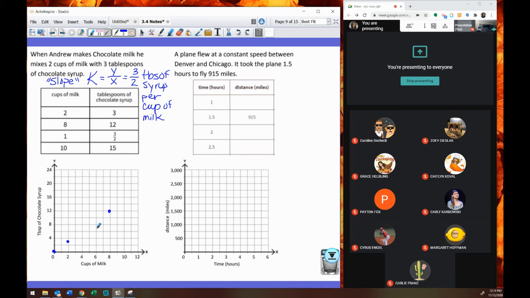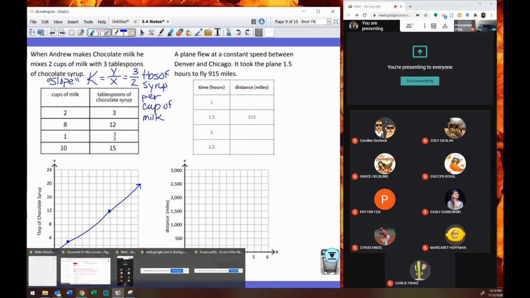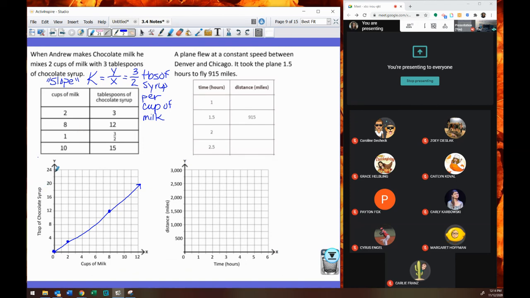If we only plot a couple, we know it's always going to start down at 0, 0, and it's always going to be a straight line. So as best you can, connect it through the rest of the graph. The straighter and more accurate you make your line, you should see that the rest of the points fall on that same line. So if I come over to 10, I'm probably hitting about 15 on the graph.